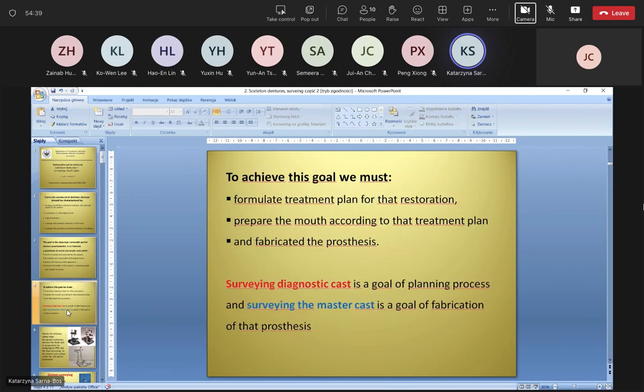To achieve this goal, we must formulate a treatment plan for that restoration, prepare the mouth according to that treatment plan, and fabricate the prosthesis. Surveying the diagnostic cast is a goal of the planning process, and surveying the master cast is a goal of fabrication of that prosthesis.